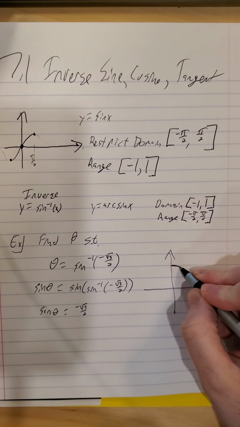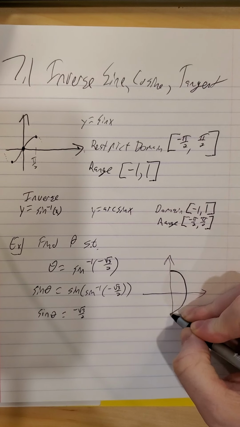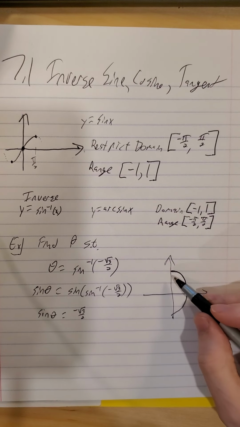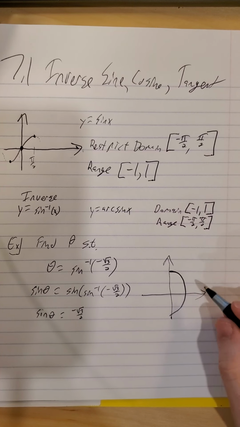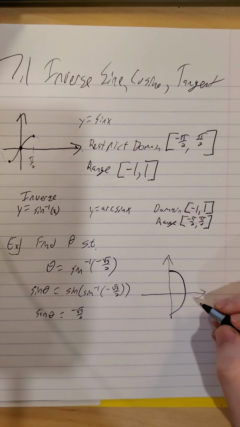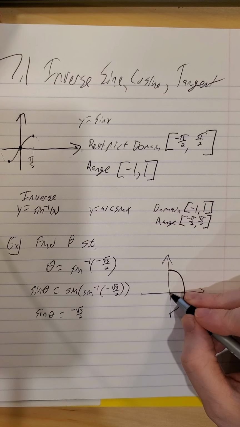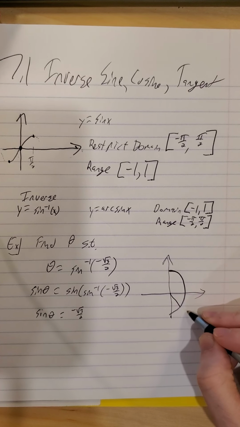So I'm just going to draw half of our unit circle since we're sticking from negative pi over 2 to positive pi over 2. And we want the sine to be negative root 3 over 2, so that's down here.